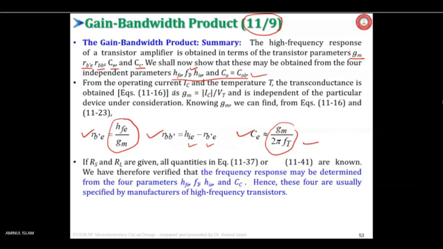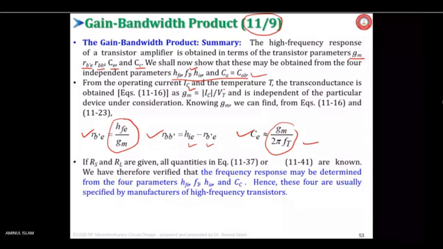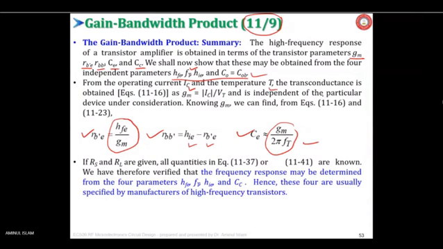So from the operating current IC, which is a bias current of the BJT, and the temperature T, the transconductance gm can be derived as mod of IC by VT, where VT is what? Yes, anybody? VT is thermal voltage. It is not threshold voltage, it is thermal voltage.